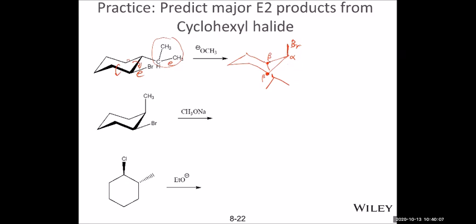In this carbon, the beta hydrogen is on the A position. Are you guys following? On this other beta carbon, since the isopropyl is on the A position, the hydrogen will be on the E position.